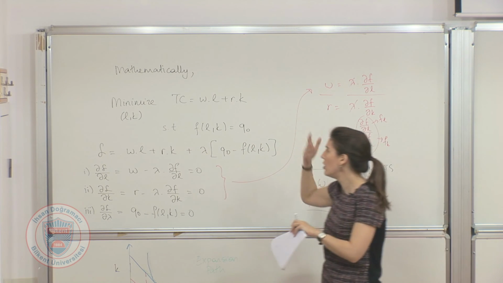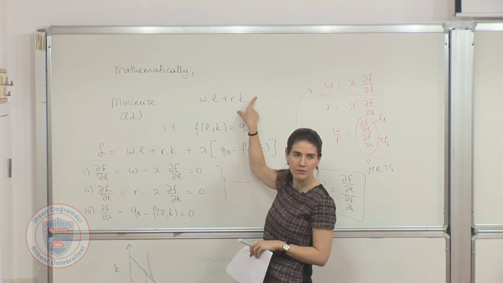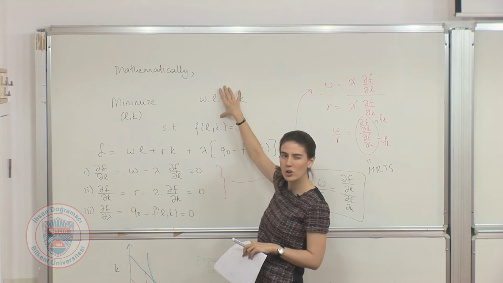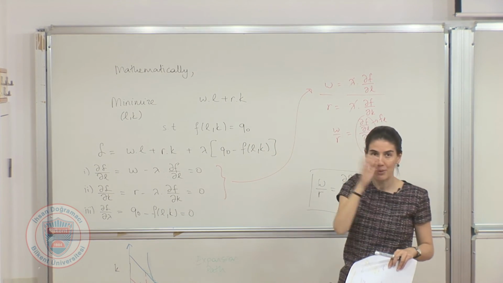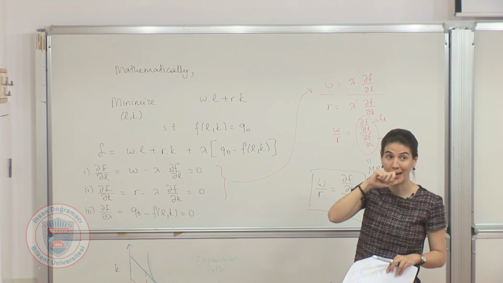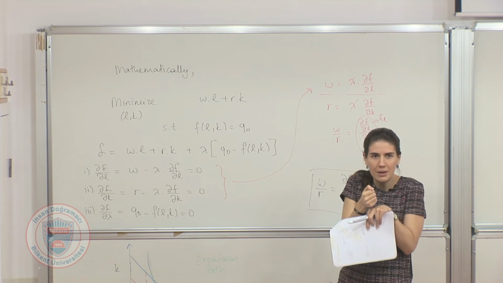If you don't want to get confused, I can write it like this. This is my objective function, but we call it the total cost function, the optimal, when we put the optimal values back in there. And this is the constraint because it literally binds us.